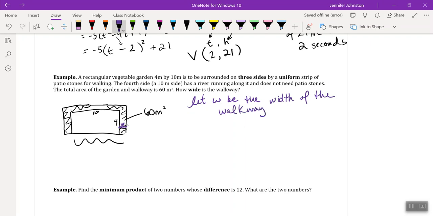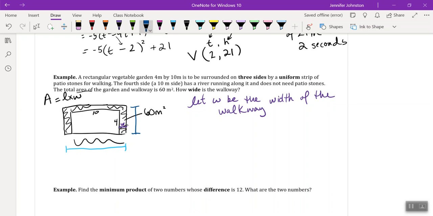Right, so the whole thing is 60, so that means the total area. Area is equal to length times width. So how long is this compared to how long is this?